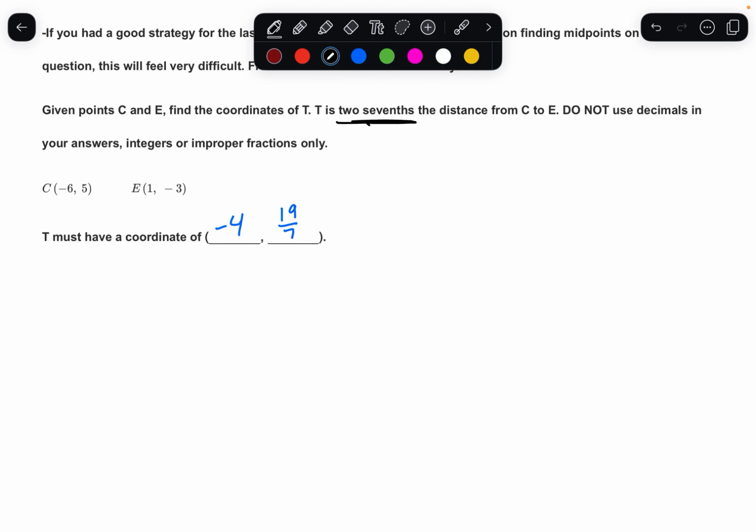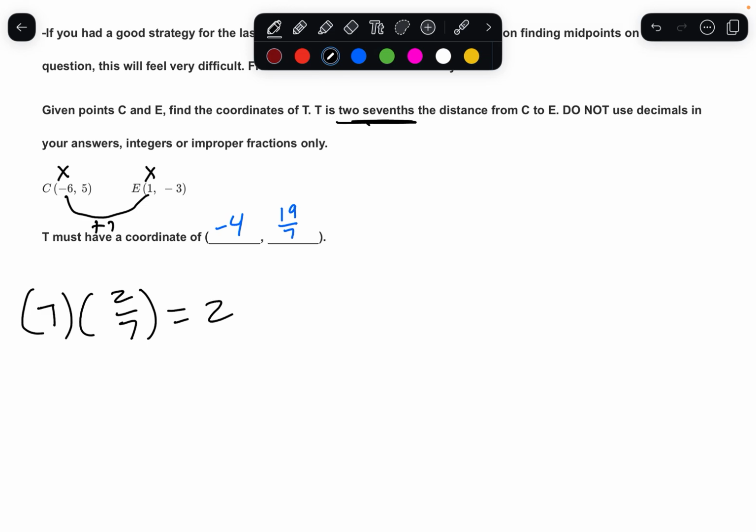Your first step is to focus on your x's and figure out how far that is. From -6 to 1, you are doing a +7. So the first number I care about is +7. And I don't want to go the whole way. I want to go 2/7 of the way. I want to go 2/7 of that. Well, that's 2, right?